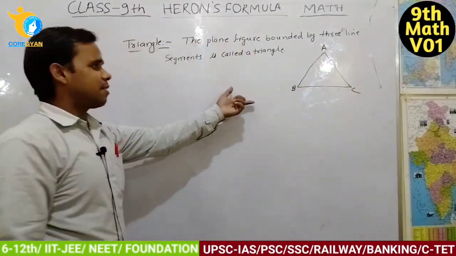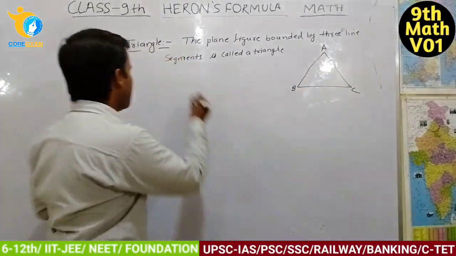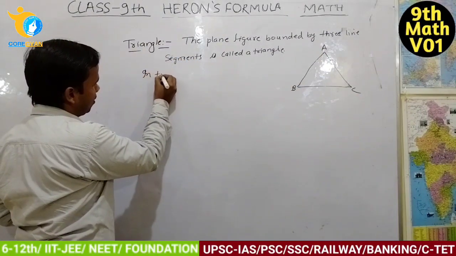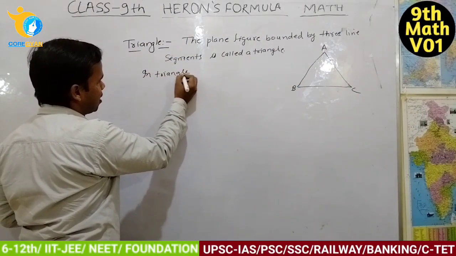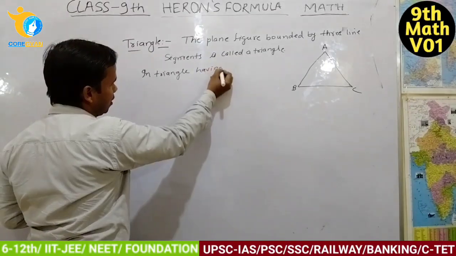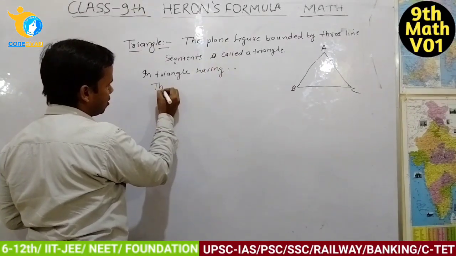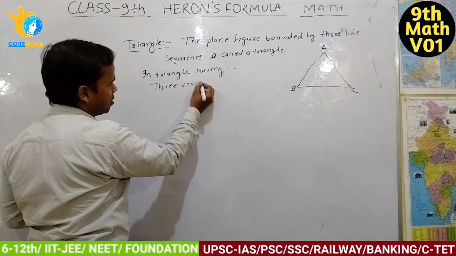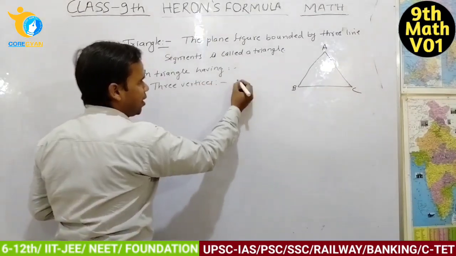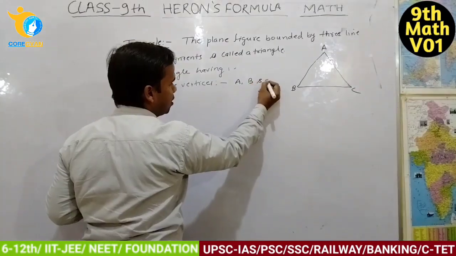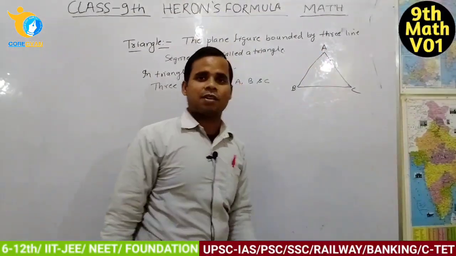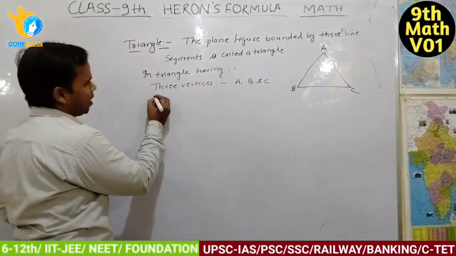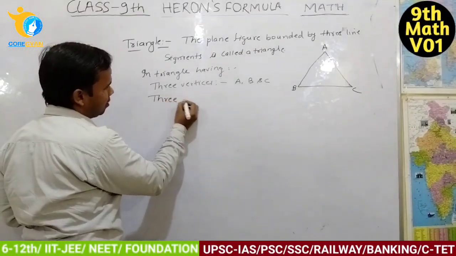So in a triangle, there are three vertices, which are A, B and C. A, B and C are the vertices of the triangle, and it also has three angles.